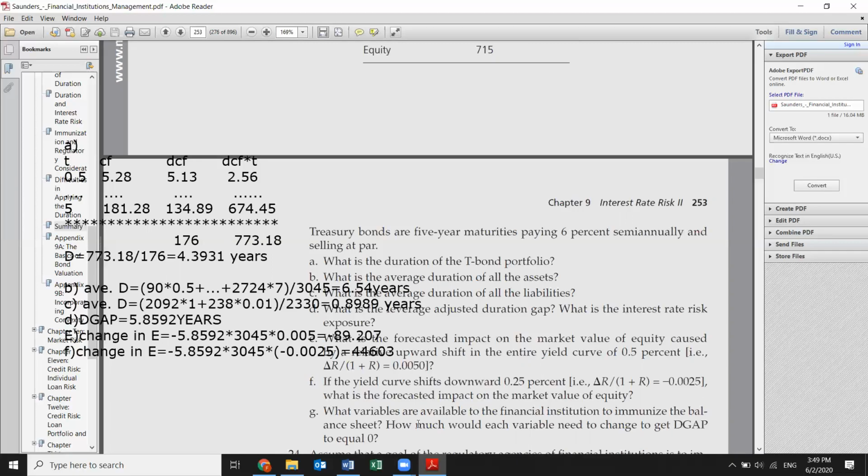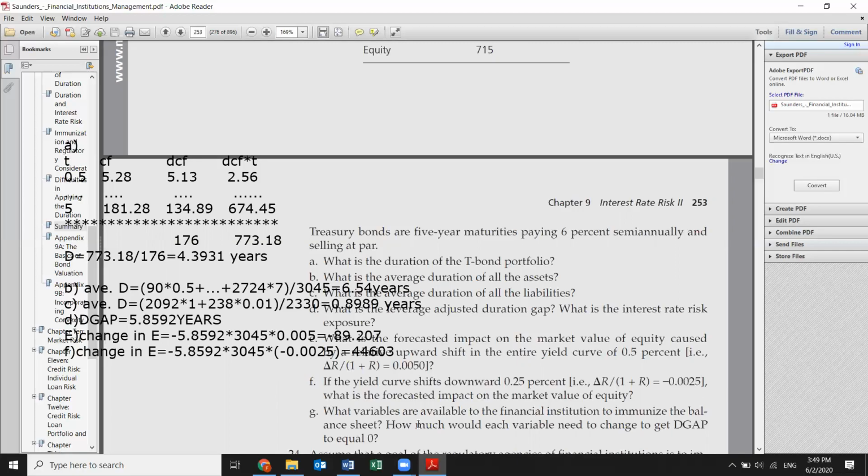And by how much it should be reduced, we can play around. We can mathematically come up with duration of asset equal to K times duration of liabilities. So this much should be the duration of asset actually, in order to make the adjusted duration gap equal to 0.